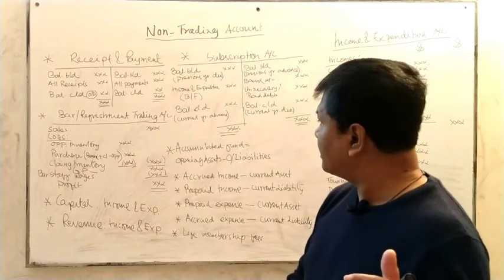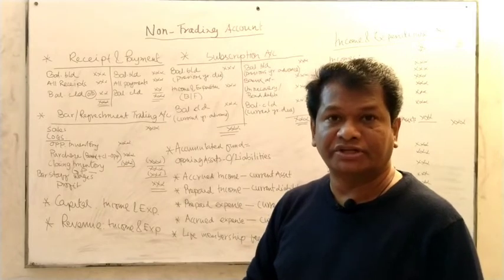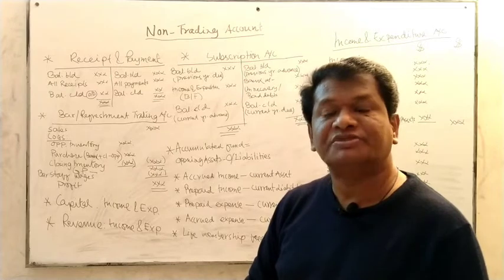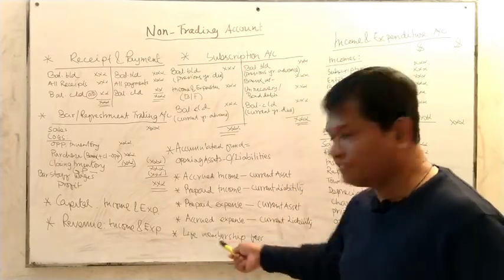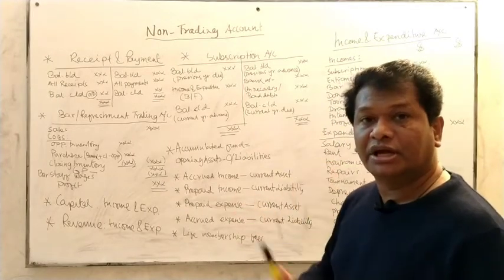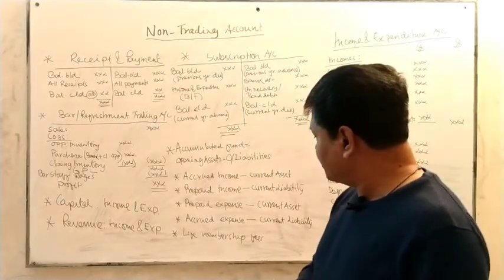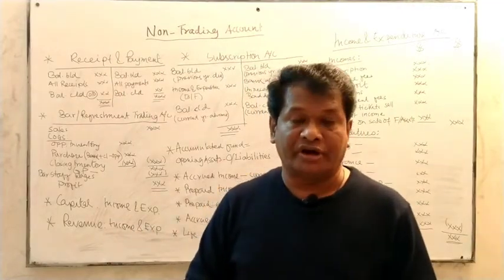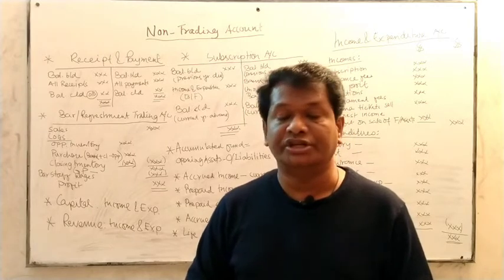Some of the items I have skipped, like legacies, and life membership fees, the life membership subscription which is calculated over here, the nine years life membership fees, is to be written over there as a capital income. So the accumulated fund plus surplus figure is written over there.